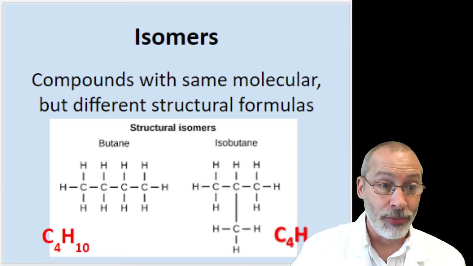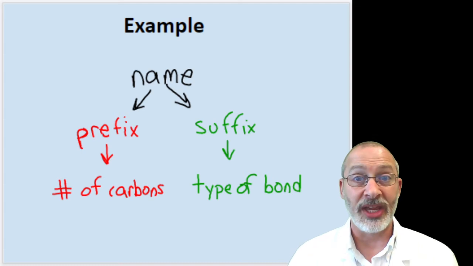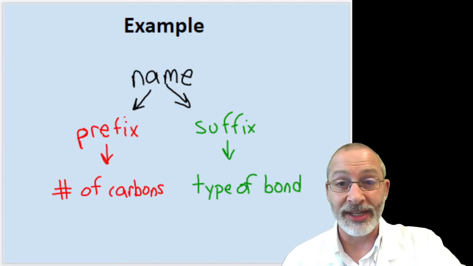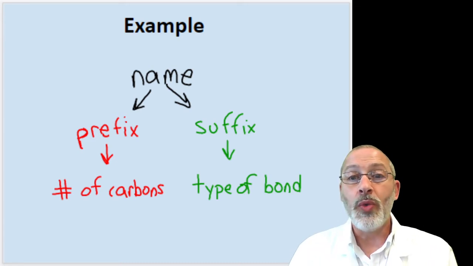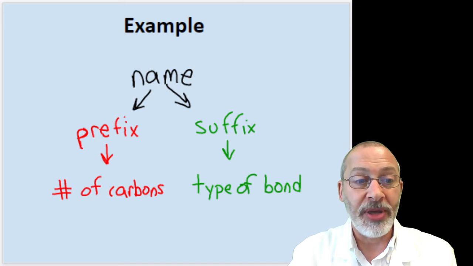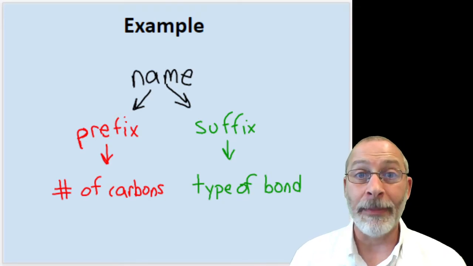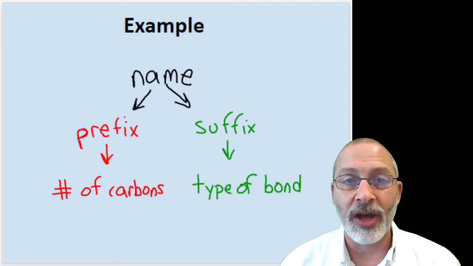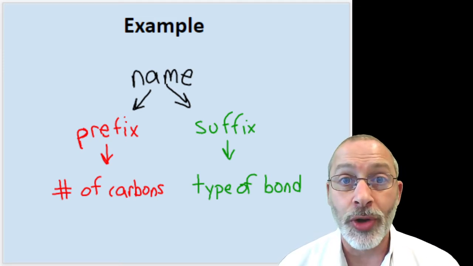So let us move ahead and let's go through some examples here so that we can catch on perhaps a little bit easier. This is something good to write down. This is kind of a flow chart for how we will begin to build and name our organic molecules. I'm going to give you an example of a name of an organic molecule, a particular hydrocarbon.